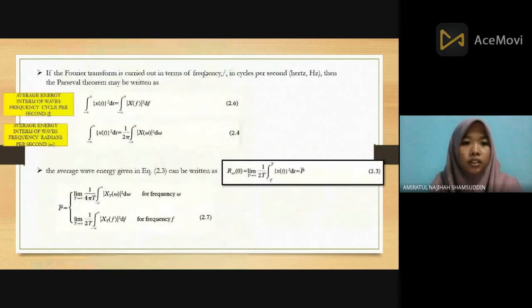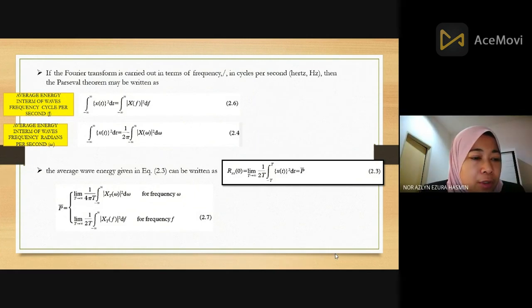This is the average energy in terms of frequency in radians per second, in the angular frequency part. For the frequency part, the integration of x(t) squared dt equals the integration of the modulus of S(f) squared df, for frequency in cycles per second. For the next part, I will pass to my friend to explain.